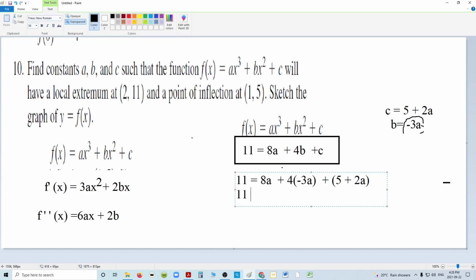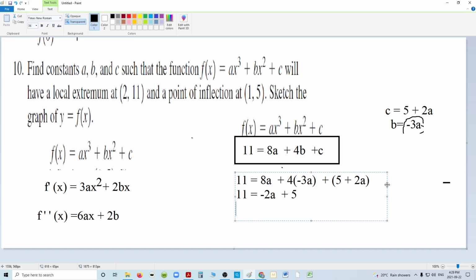And I get 11 is equal to 8a minus 12a plus 5 plus 2a. So 8a minus 12a is minus 4a, and minus 4a plus 2a is minus 2a.